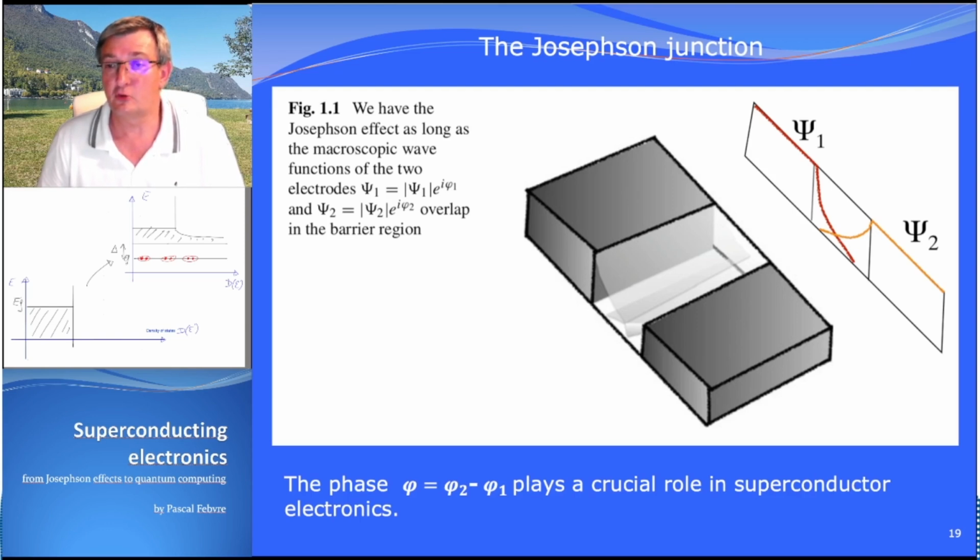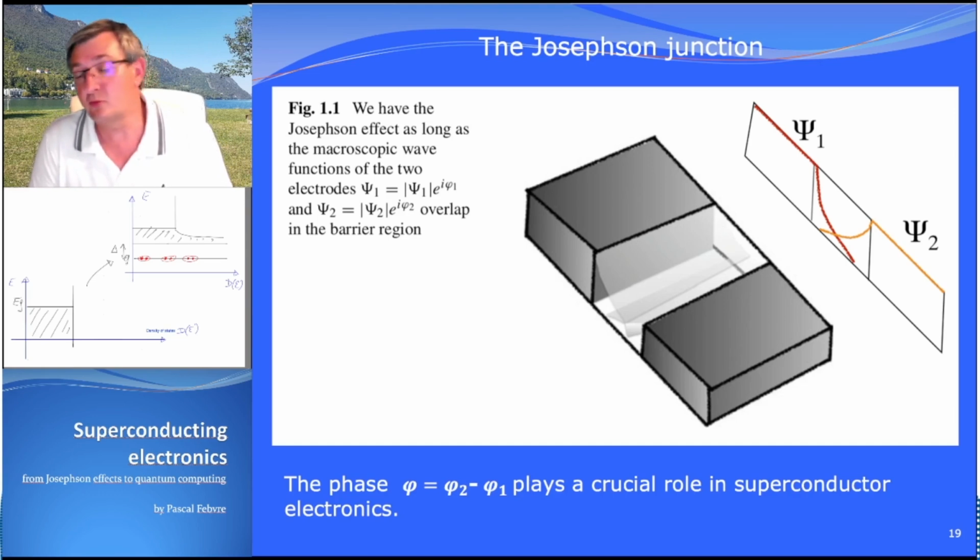Like you are used to in optics. For example, when you take an electric field, it's also a wave, right? You are used to representing the electric field with an amplitude and a phase, right? And especially you need that when you do interference or diffraction in optics, for example.